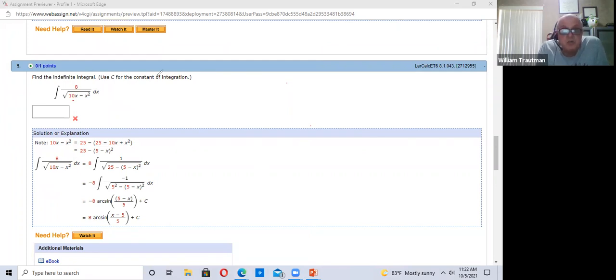So you're thinking, okay, I need to complete the square. That was part C of the PowerPoint, completing the square. Half of 10 is 5. 5 squared is 25. So we're going to put a 25 here. This is the way I look at it. Then we're going to do a minus 25.